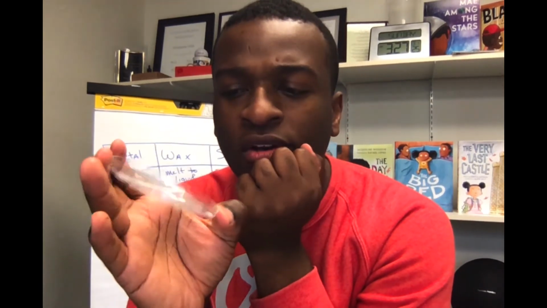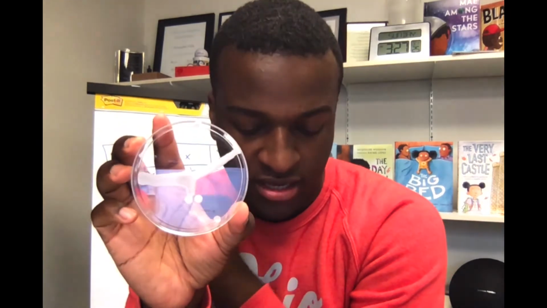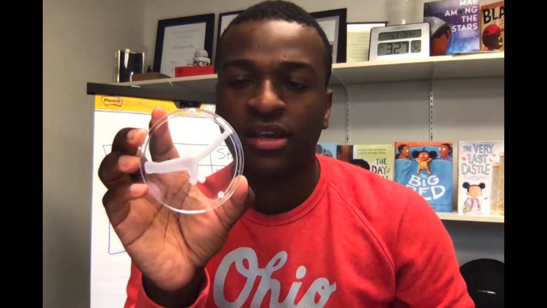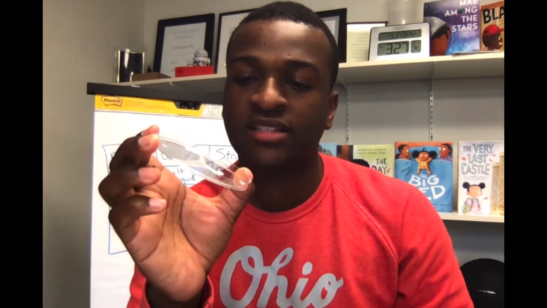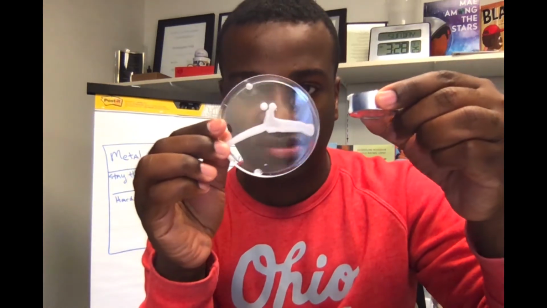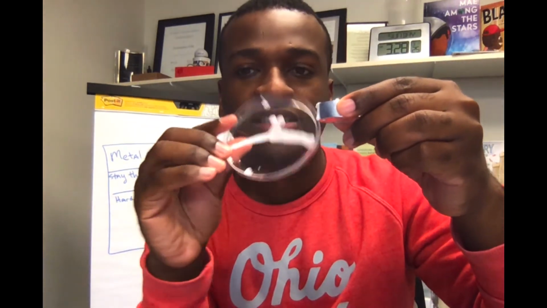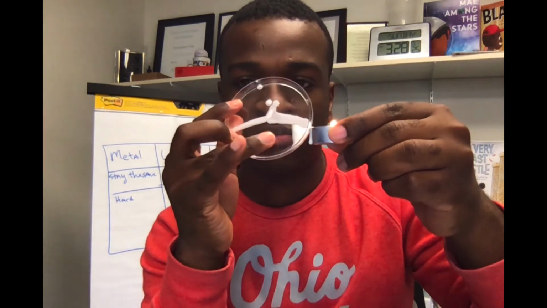Let's see. I wonder if I did it again, will the same thing happen? If I kept my candle lit and I poured it on the dish, I wonder, will it stay the same this time as well? Let's see. Get my candle. See my dish. I'm going to pour it in an area that doesn't have any. See if we can get it in this area right here.